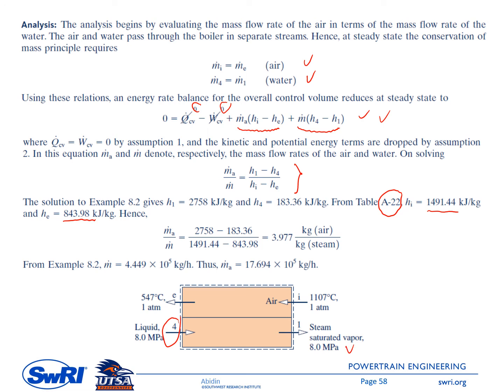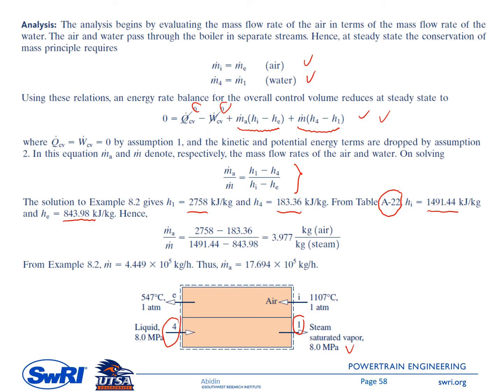So you can use table A3 to get the enthalpy at state 1, and for state number 4, this is a liquid. I think you can assume this is a saturated liquid, and you can use the same table A3 to get h4, and you will get this one. Okay.